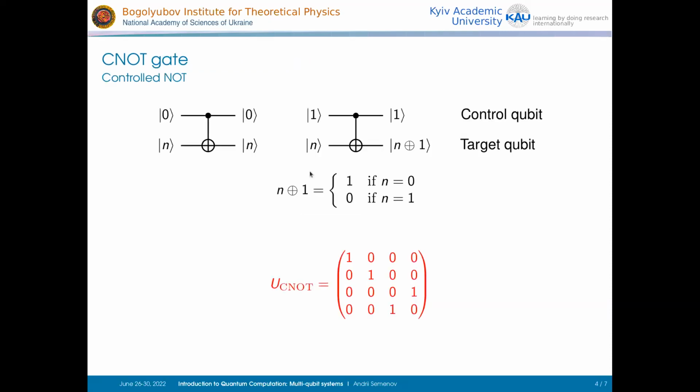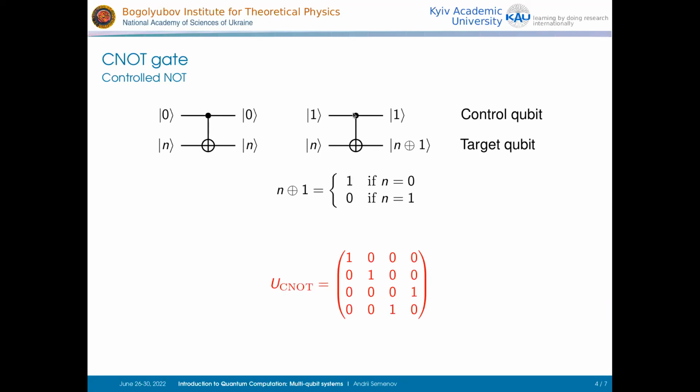Maybe I should bring your attention to how the CNOT gate is written in quantum circuits. There are already two lines. Each line is called a quantum wire. Please do not consider that this is a real physical wire. This is simply a unitary evolution for each qubit.